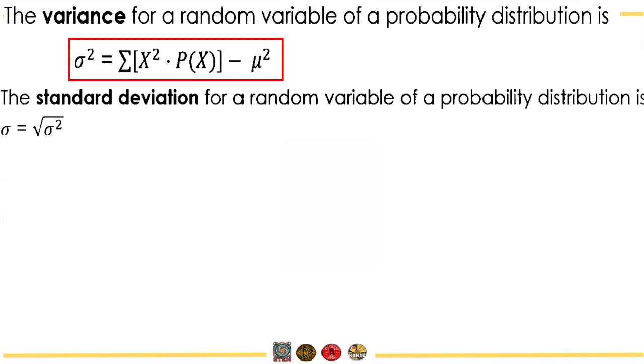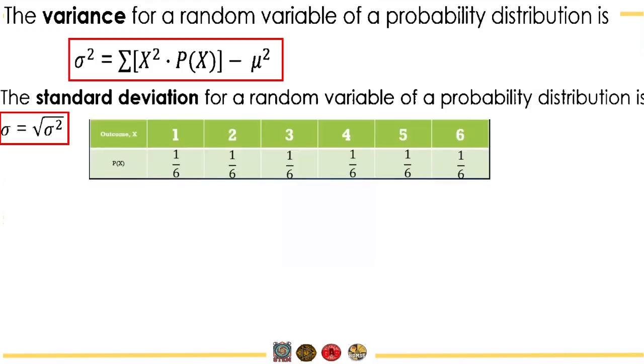After getting the variance, you can get the standard deviation. The standard deviation of a random variable of a probability distribution is the square root of the variance. So let's use again the previous table, rolling a single die.